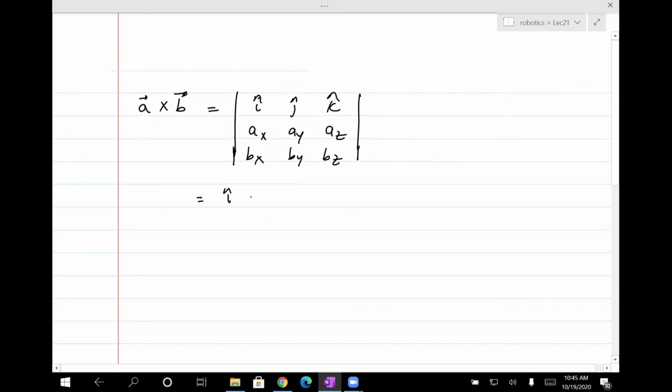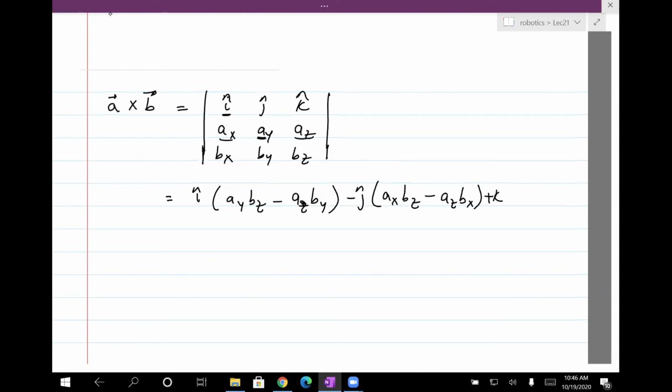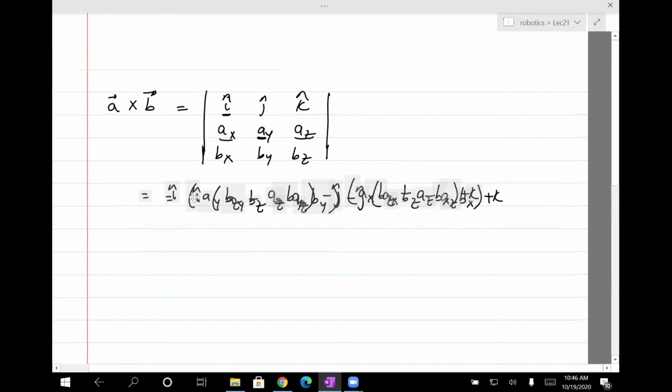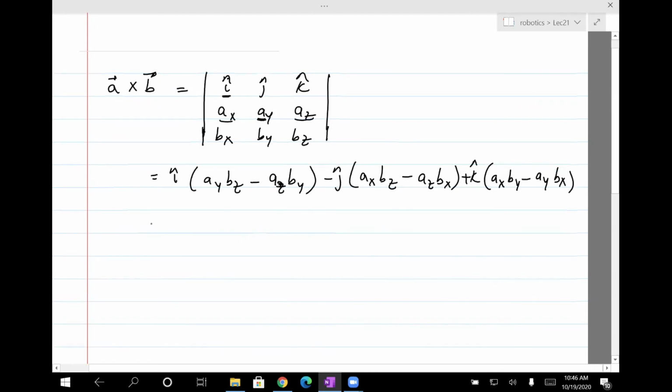And if you check that, it comes out to be: you first take the I element and multiply AY with BZ, then minus AZ with BY, minus J, then we have AX with BZ minus AZ with BX, and finally K, that will be AX BY minus AY BX.